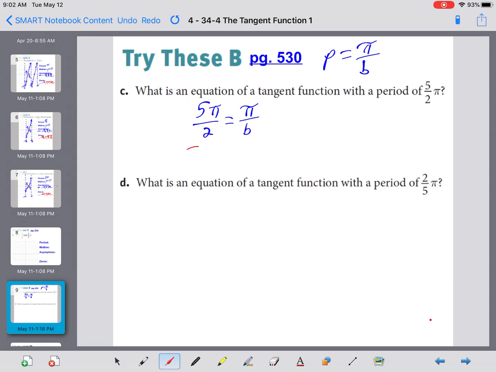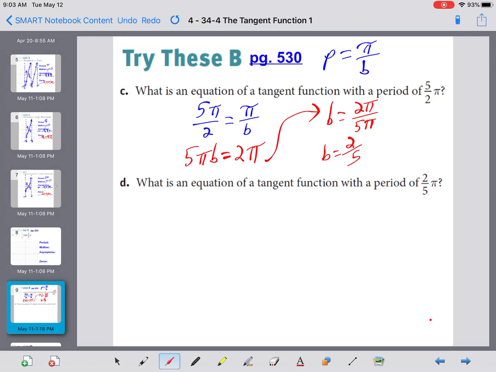So if I do 5 pi times b, I get 5 pi b equals 2 times pi. Then if I divide both sides by 5 pi, I get 2 pi over 5 pi. But the pi is reduced to 1, so I get a b value of 2/5.